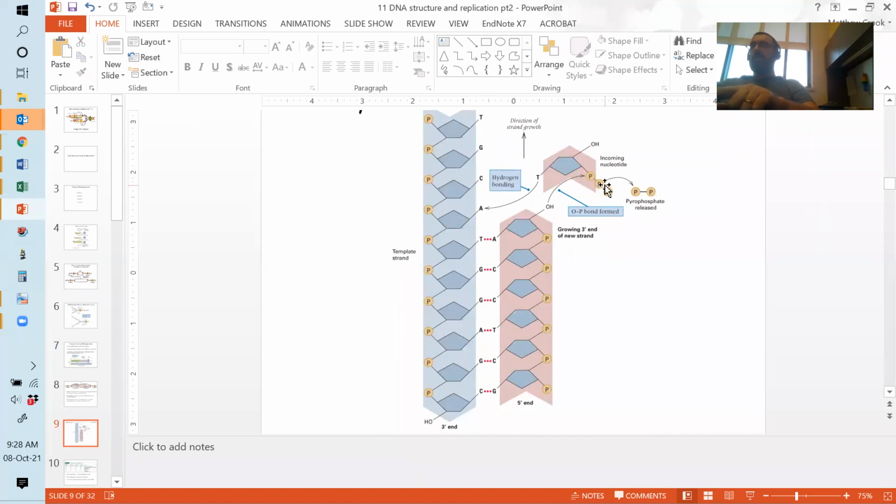Second thing is that this bond formation, this phosphodiester bond, is catalyzed by the energy in this phosphate-phosphate bond. So incoming nucleotides have 3 phosphates, very much like ATP, right? They are very similar molecules, not the same, but similar.